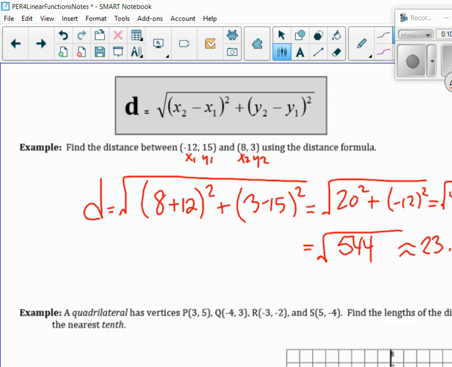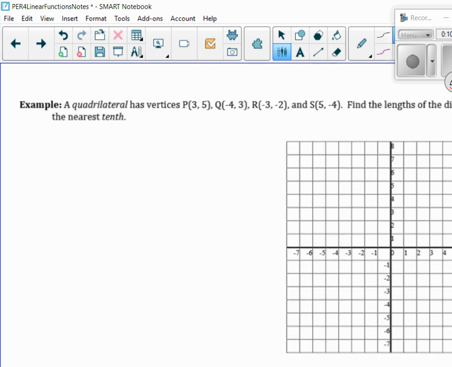Okay, it says here a quadrilateral has vertices PQRS. Find the lengths of the diagonals to the nearest tenth. So let's draw this. So 3, 5. 1, 2, 3, 4, 5. That's P. Negative 4, 3. 1, 2, 3. That's Q. And then negative 3, negative 2.